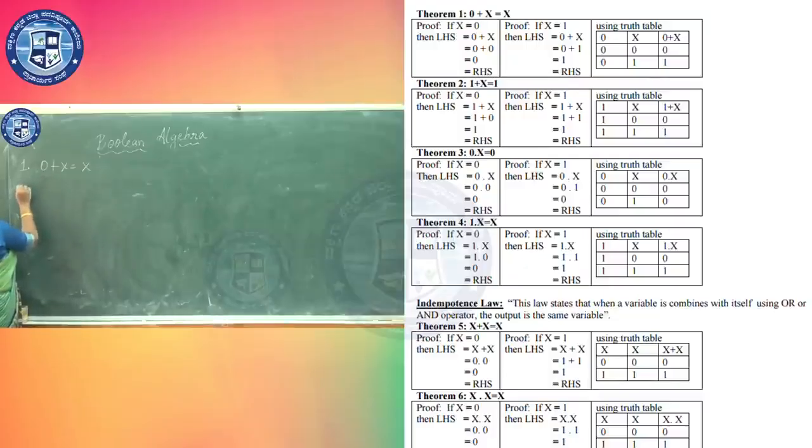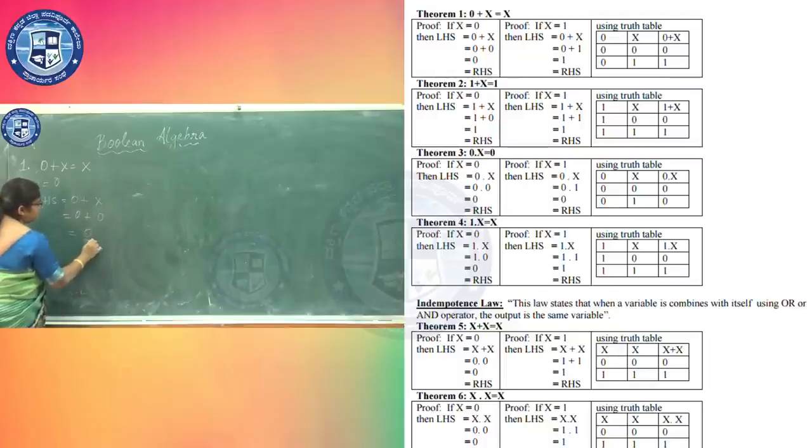First we shall take the value of x to be 0. So look at the LHS there. LHS is 0 plus x. What is the value of x? Value of x is 0.